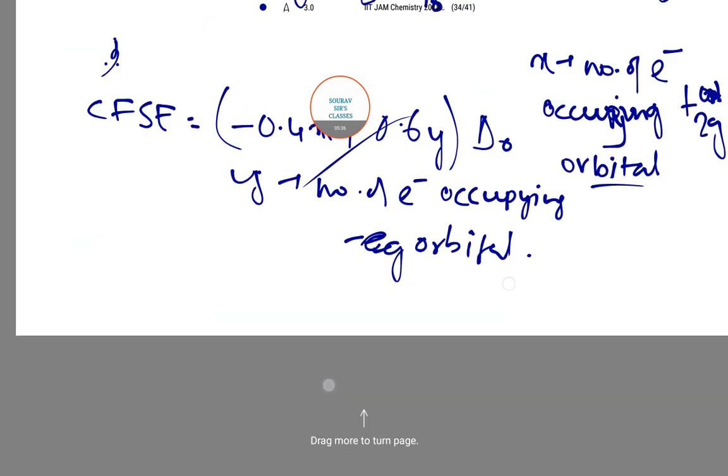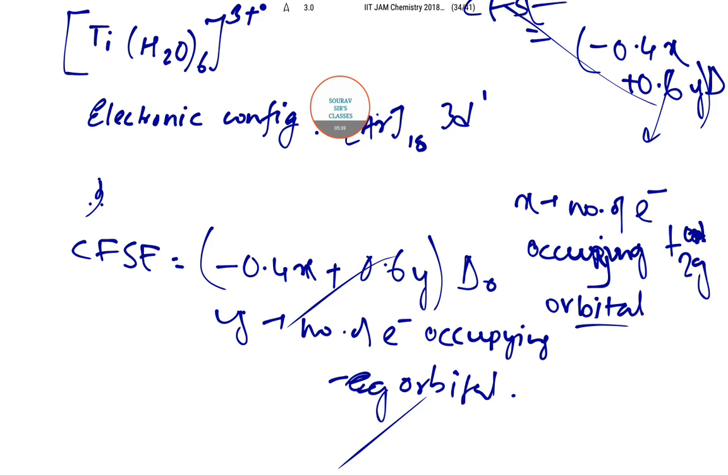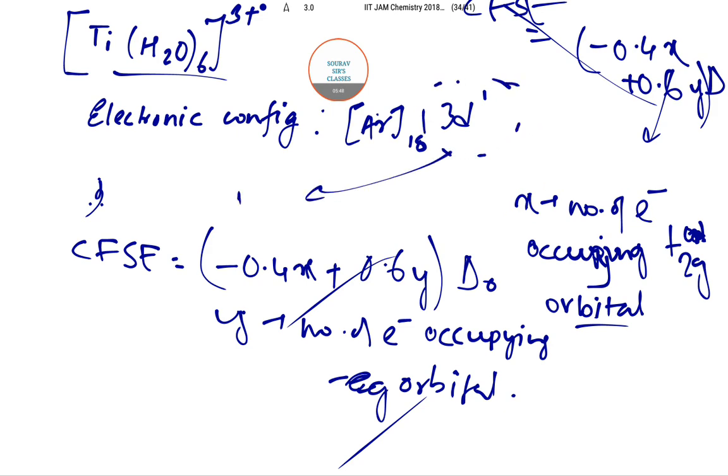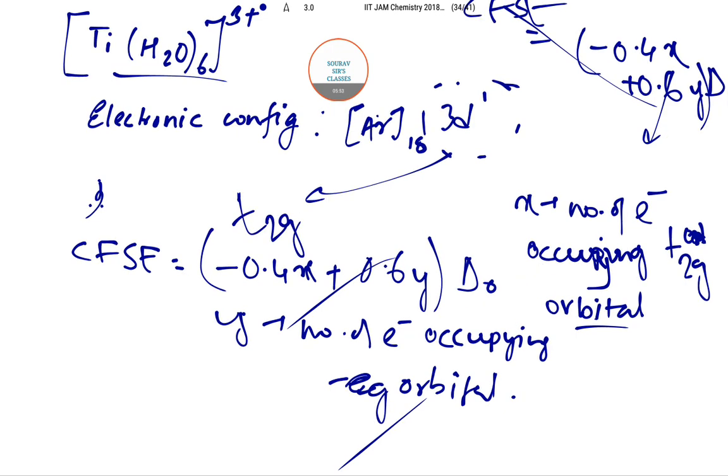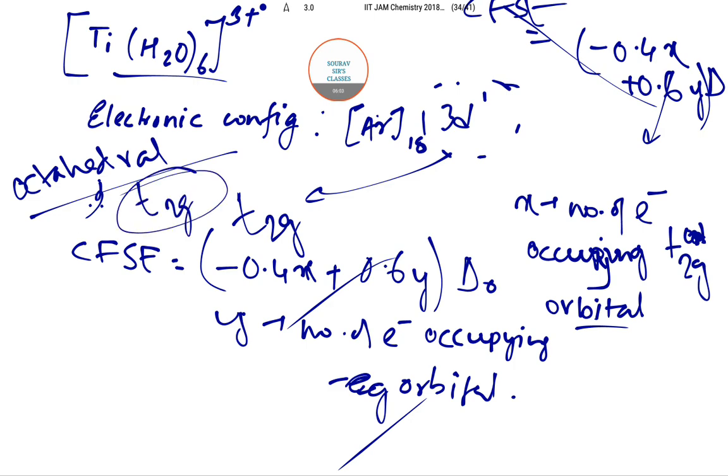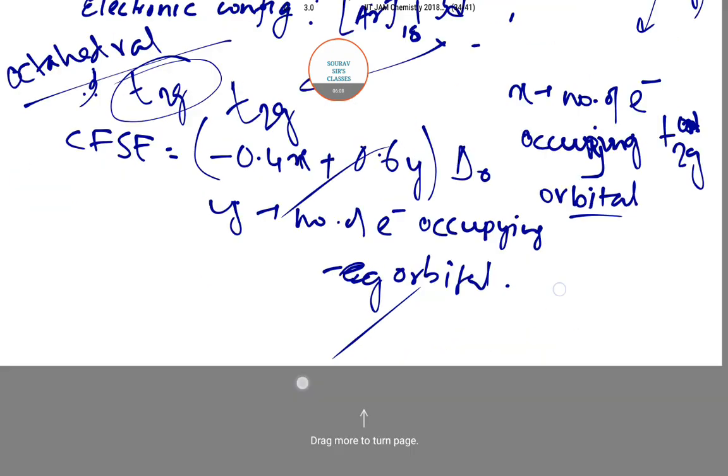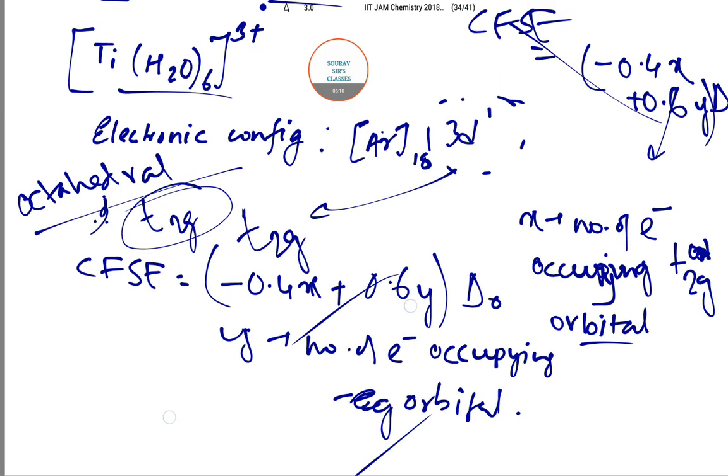So in this case, since the electronic configuration of [Ti(H2O)6]3+ has 3d1, this is in t2g orbital because it is an octahedral complex, and the t2g will be filled before eg, and since there is only one electron to fill, the t2g will be the one filled.